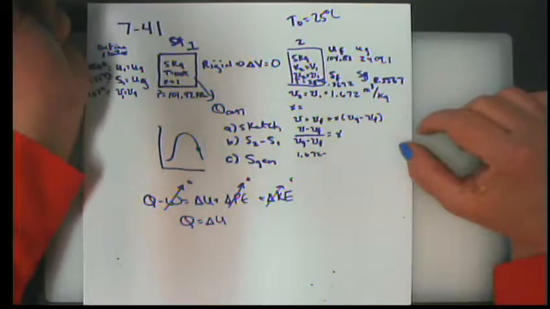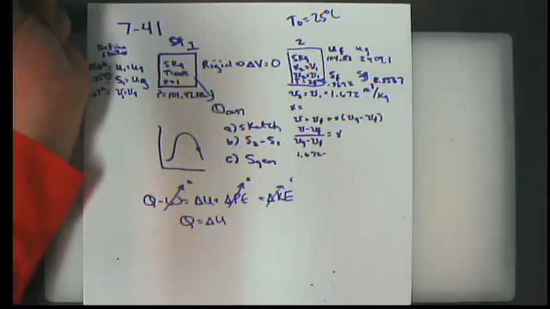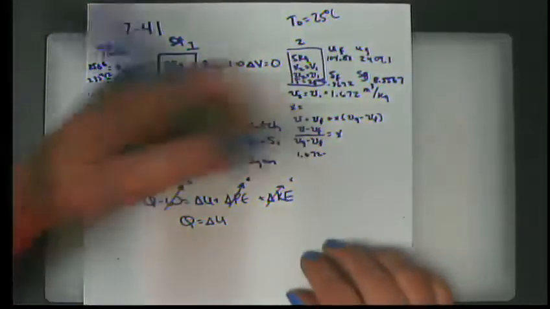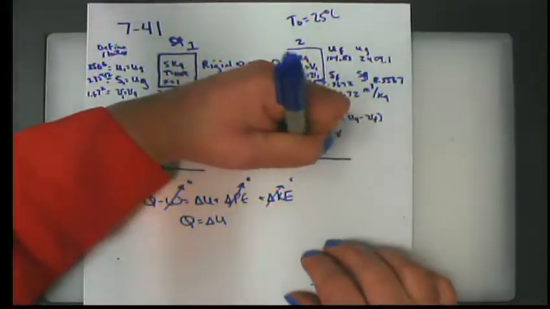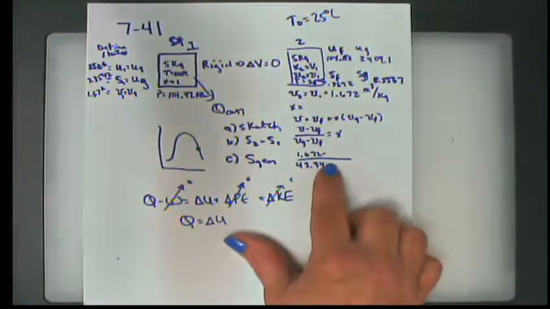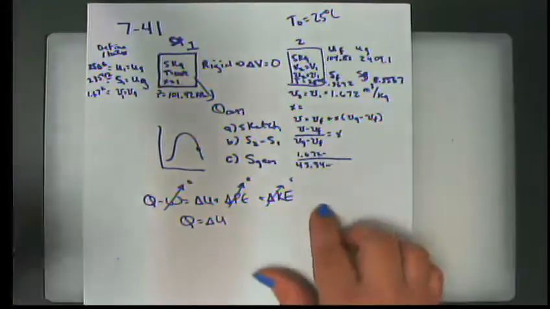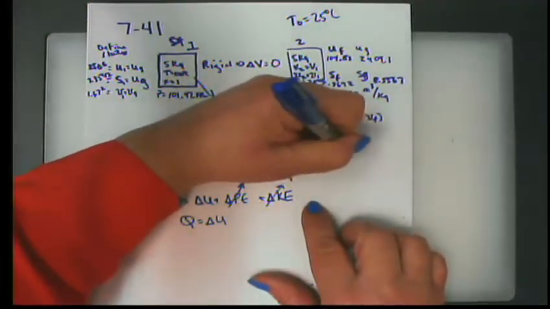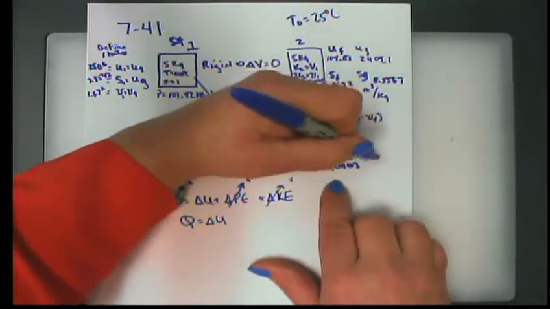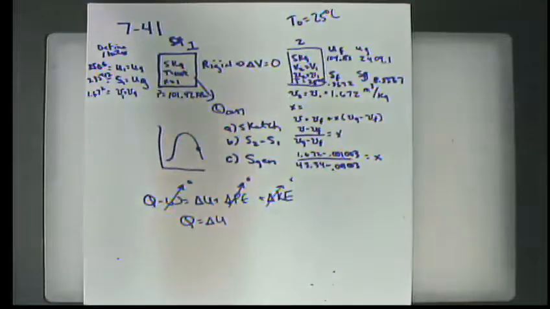Did I not write those down? Well, that was silly. Let me write down my v values. V sub g is 43.34, and my v sub f value is 0.001003. When I do the two subtractions and the division, I will get my x value.